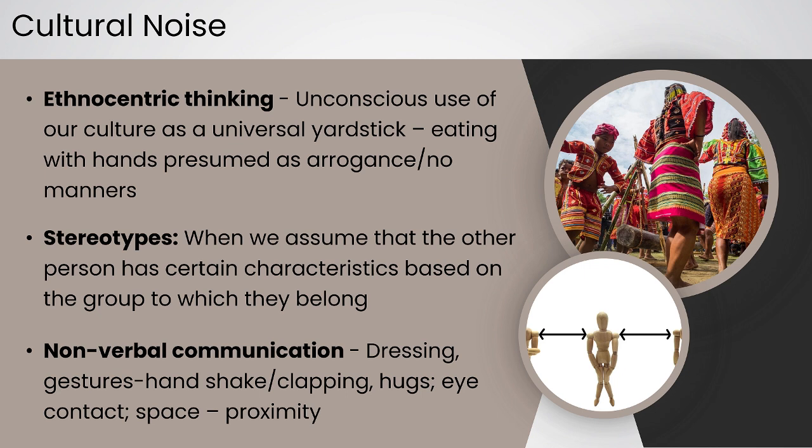For example, eating with hands may be presumed to be arrogance because in our culture, we feel that a person has to use maybe a fork or chopsticks. So that is ethnocentric thinking as noise, stereotypes, as we already said.